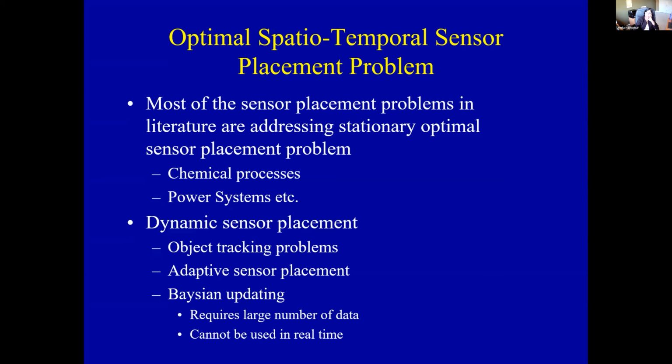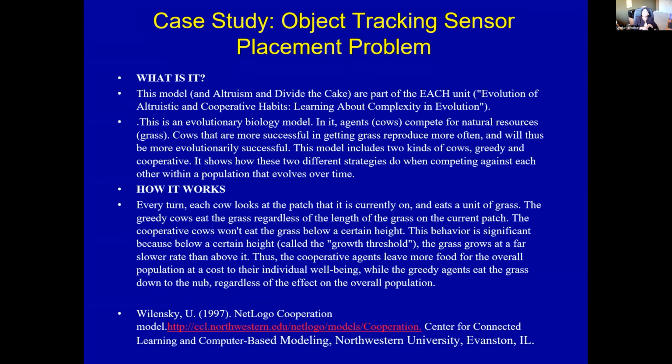So I'm going to show a simple example. This is an example of cows eating grass. This model comes from evolutionary biology, where they try to understand the behavior of cows, whether they are greedy cows or cooperative cows.